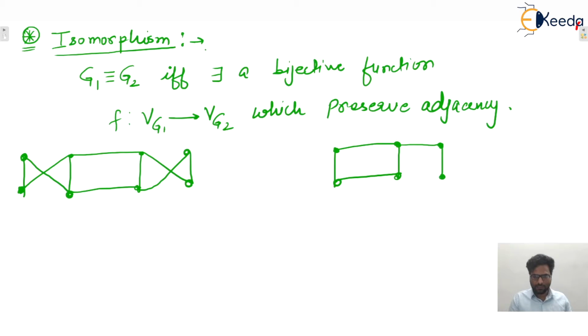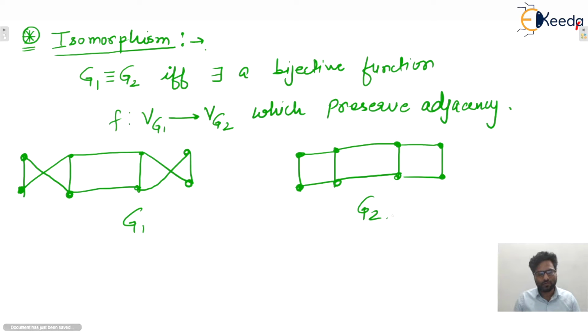These two graphs are given to you, and the question is whether these graphs are isomorphic to each other or not. That is G2. Isomorphism means ultimately equivalent graph, and equivalent means just equal, isn't it? That means the graphs may look different, but in actual they are the same. Then only we can say that G1 is isomorphic to G2.